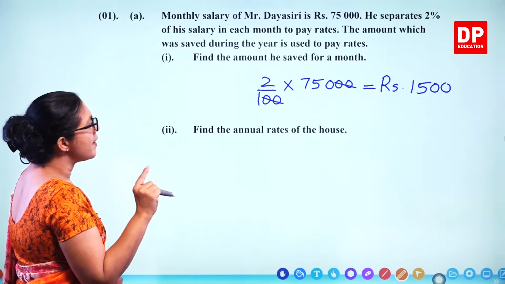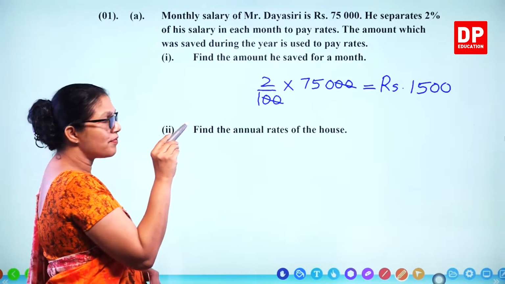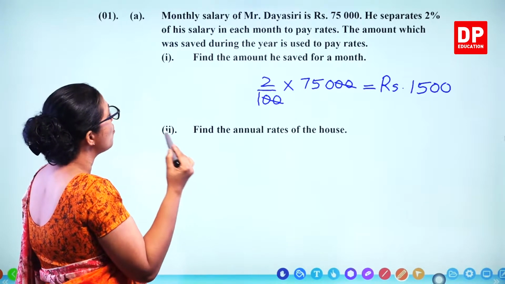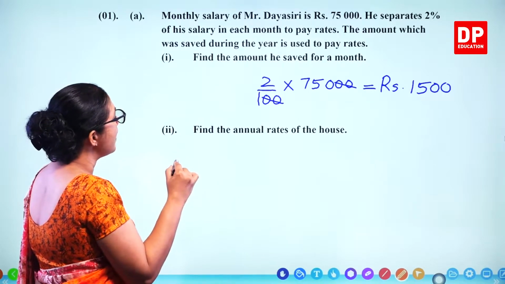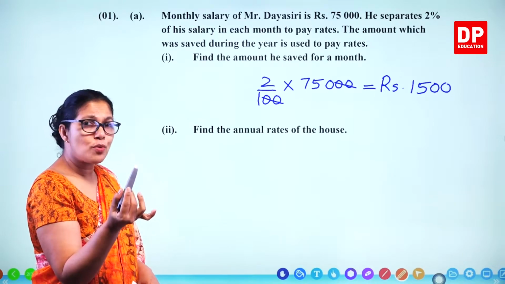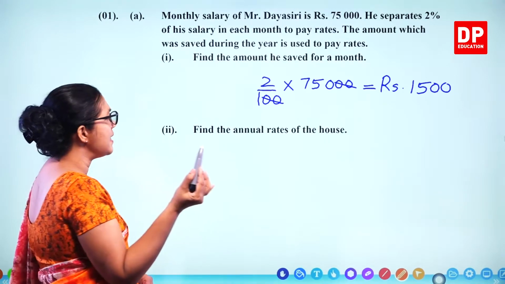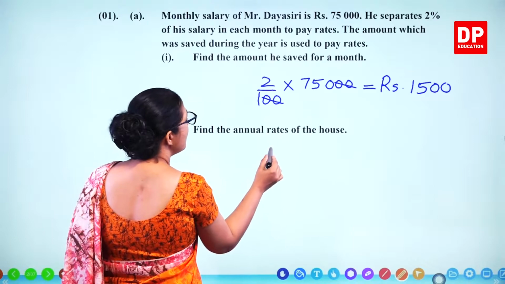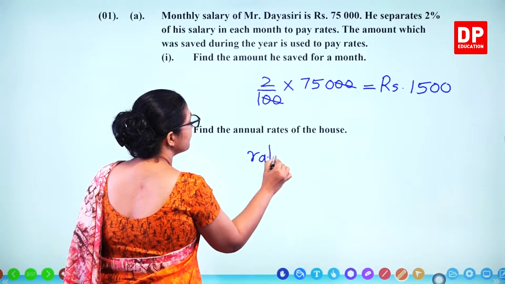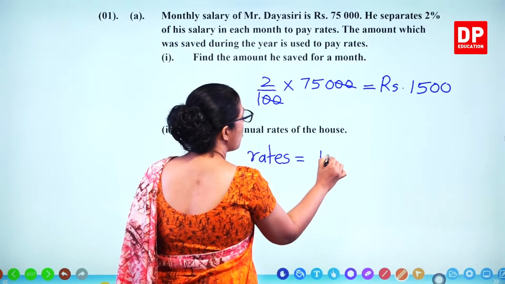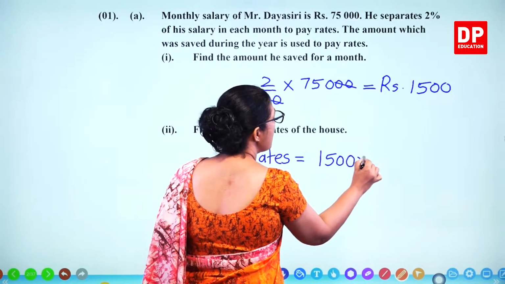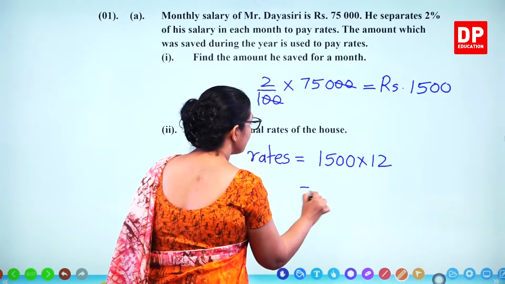Find the annual rates of the house. So this is monthly rates. So what is the annual rate? You have to multiply by 12 because there are 12 months in a year. So annual rates, 1,500 multiplied by 12.